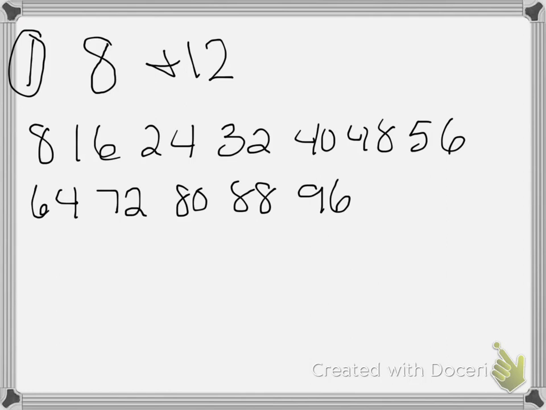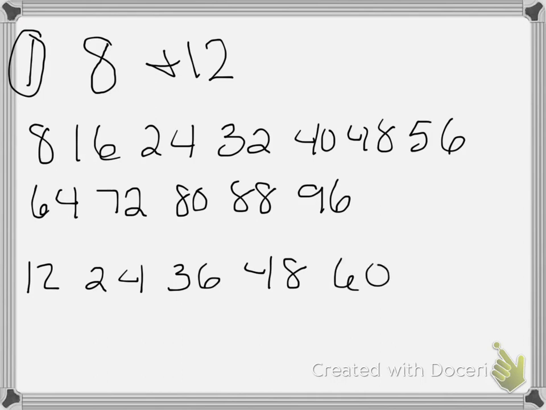And then for 12, I have 12, 24, 36, 48, 60, 72, 84, 96. So those are all of the multiples of 8 and 12.